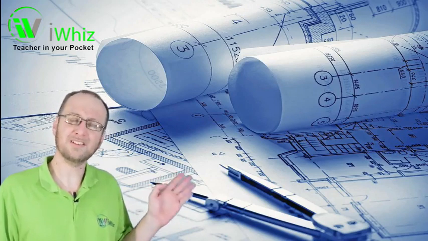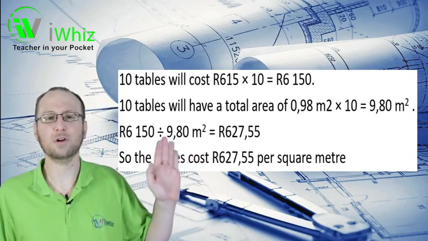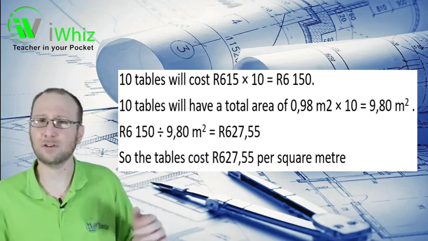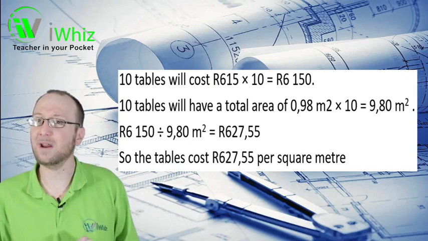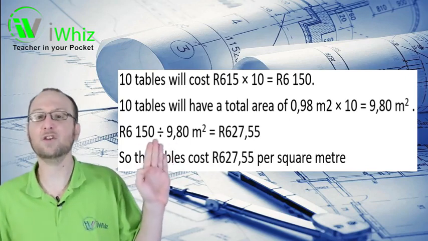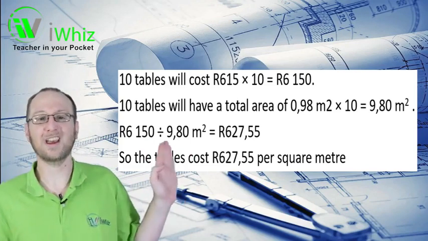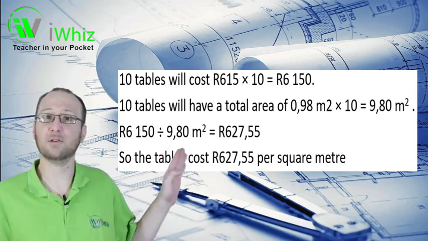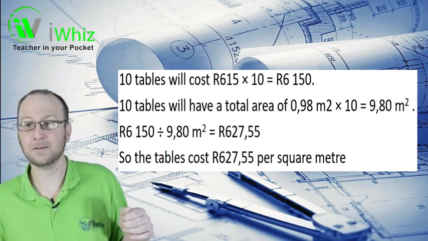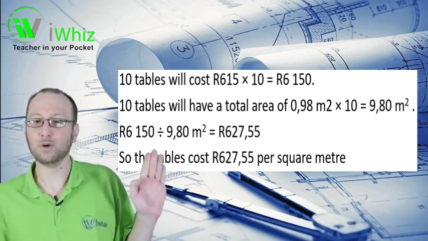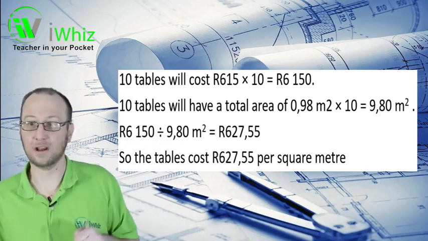Now the 10 tables, if we look at number 2, 10 tables will cost, we know one table is 615 Rand, so 10 tables then we go 615 Rand times 10 to get 6,150 Rand. So the 10 tables have a total area, we go 0.98 meters squared times 10, and we end up with 9.8 meters squared.